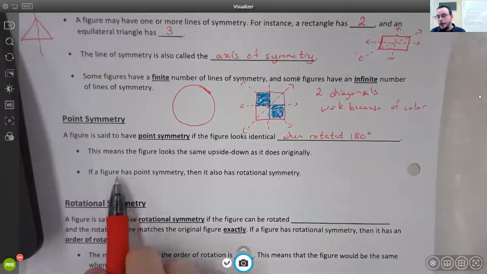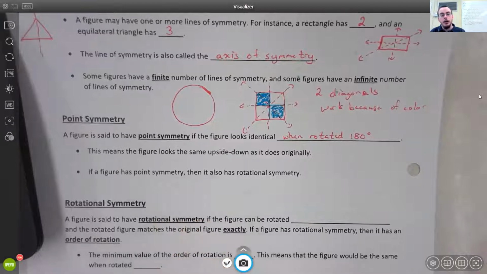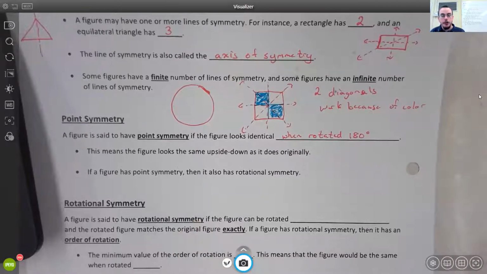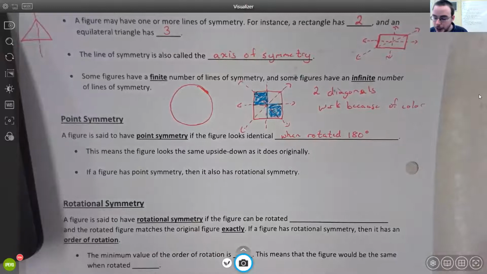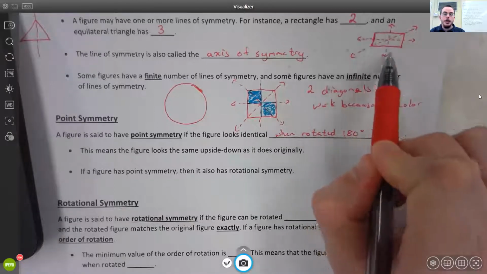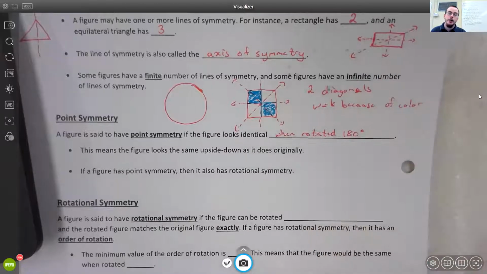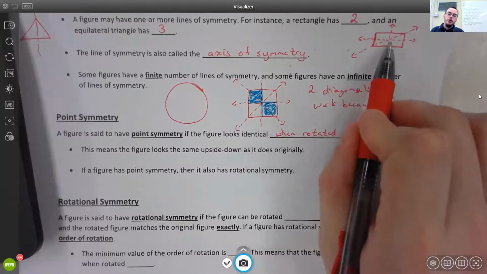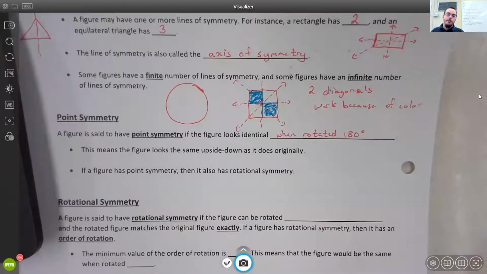And if a figure has point symmetry, then it must also have rotational symmetry. So for instance, a rectangle would have point symmetry. You could rotate this 180 degrees, flip it upside down, and it would still look exactly the same.